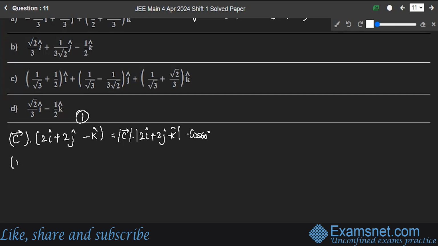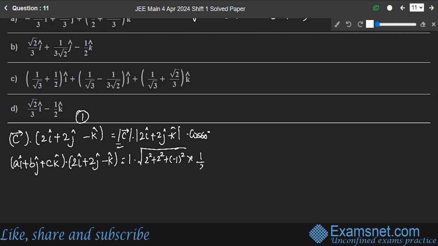So this will give me A i plus B j plus C k, dot product with 2i plus 2j minus k. Now, because this is a unit vector, it is 1, and this is equal to root of 2 square plus 2 square plus minus 1 square, multiplied by 1 by 2. So this will give me 2A plus 2B minus C, equal to root 9 into 1 by 2, or this is equal to 3 by 2.